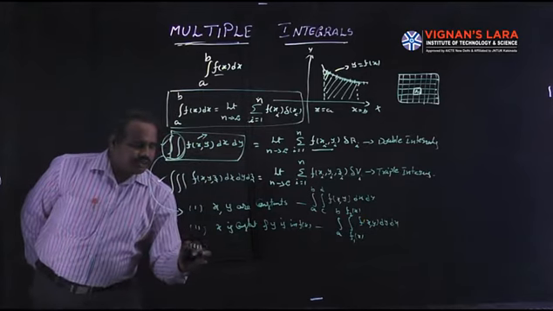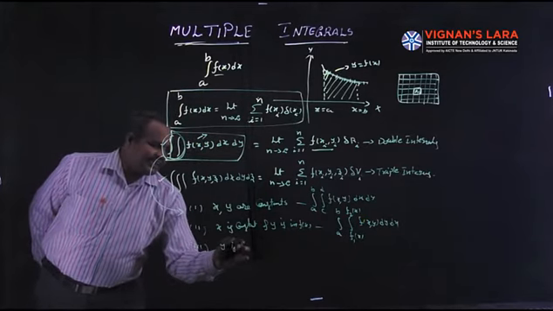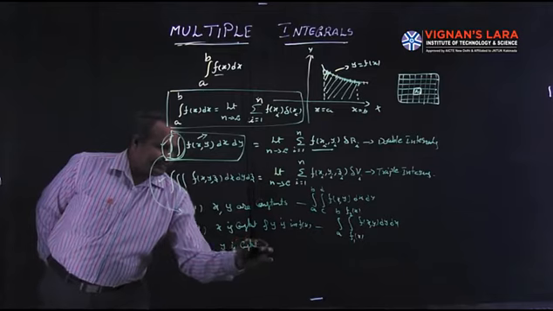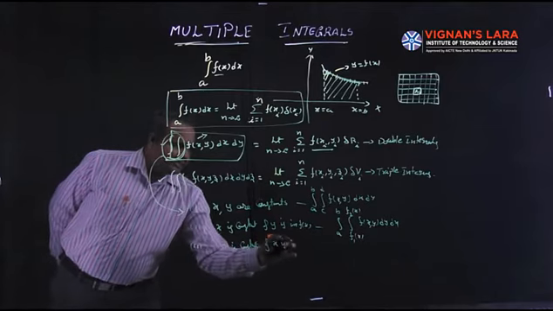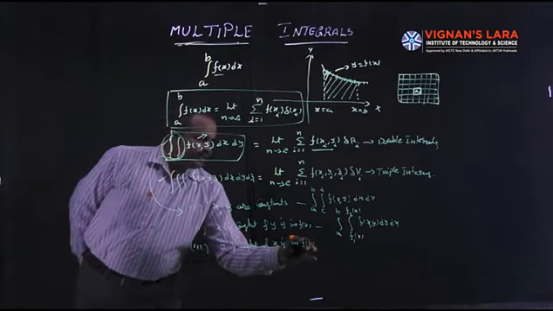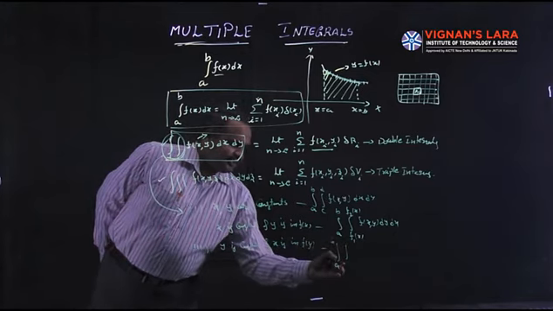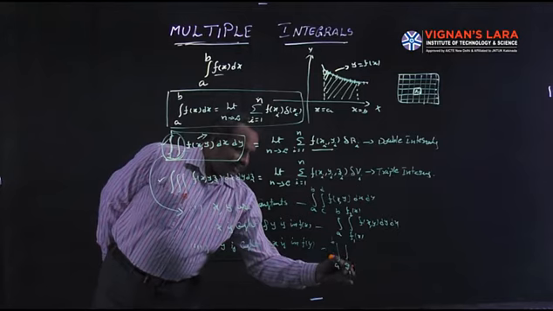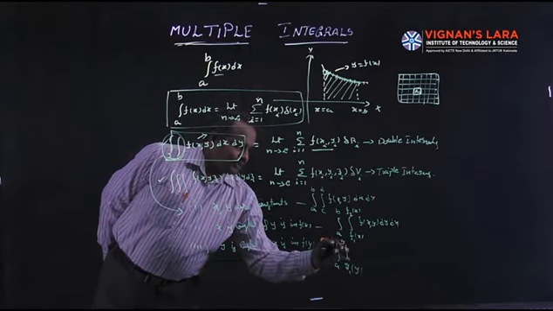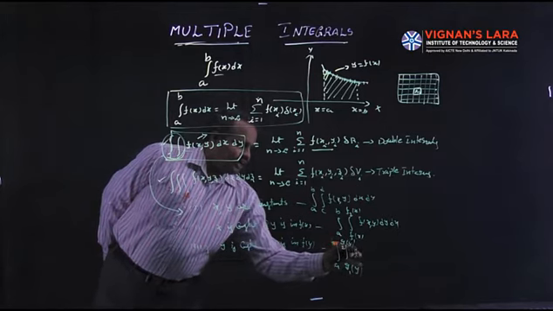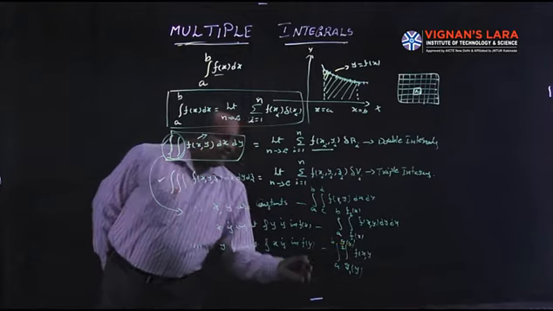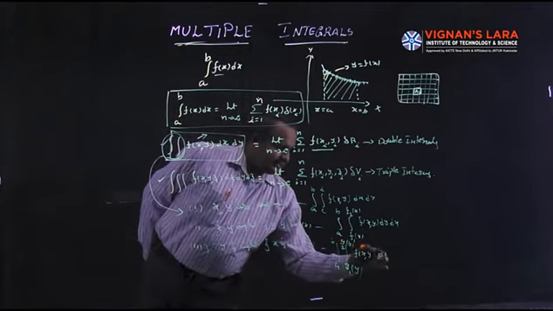Coming to the third one, if y is constant and x is in terms of y, then the integral changes to integral a to b, g1 of y to g2 of y, f of x comma y, dx dy.